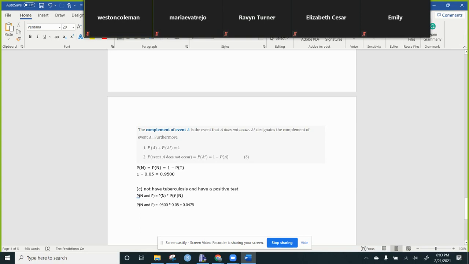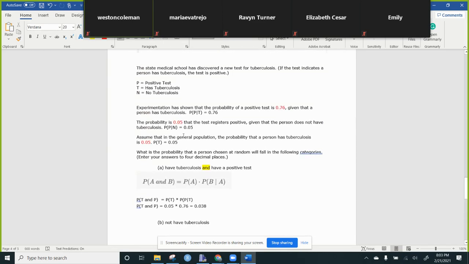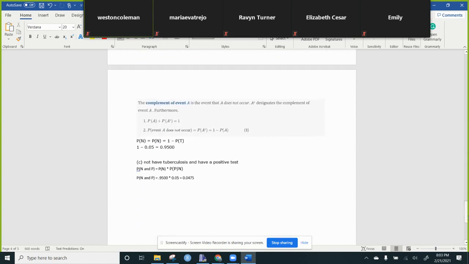And I want to do the probability that it was positive given they did not have tuberculosis. Let me make sure I did that right. Yeah, and they give it to me right here. So I'm just going to plug that in. And then I get 0.0475. Okay? That's how I got that one.